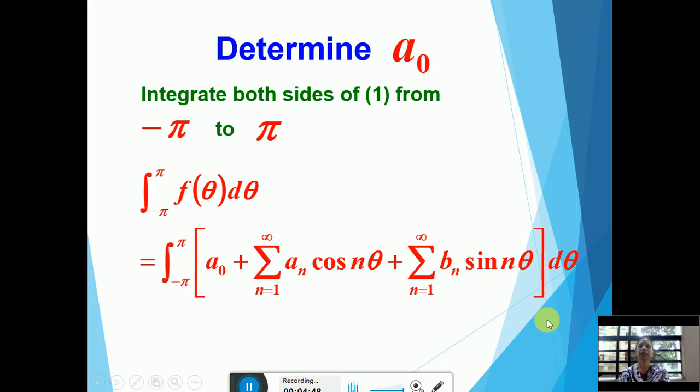So with these values, let us see how we determine the coefficients of the Fourier series. Integrating equation 1. What is equation 1? a0 plus what is written in the bracket is equation 1. Now integrate this within the limits minus pi to pi, f of theta d theta.